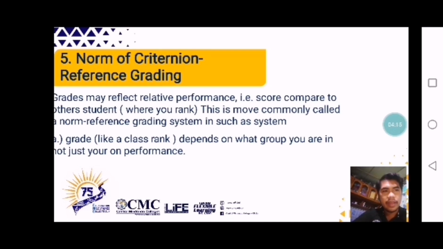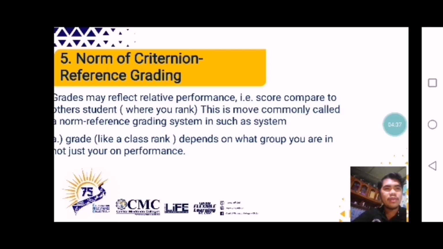Next is number five, norm or criterion referenced grading. Grades may reflect relative performance, that is, scores compared to other students, where you rank.